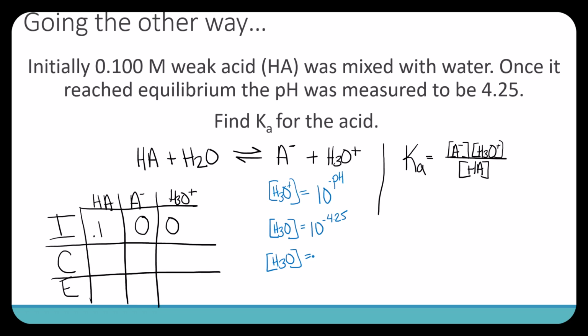So hydronium concentration at equilibrium is 10 to the negative 4.25, and we get 5.62 times 10 to the negative fifth. This is the value for hydronium at equilibrium.